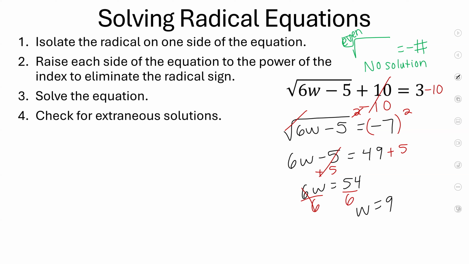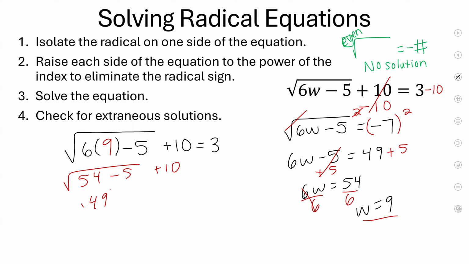In order to check, I'm going to write the entire thing again, and you're going to see why my answer was no solution. Inside for the w, I'm going to put in 9. All right, what's 6 times 9? So I get 54 minus 5, the square root of that, and I add 10. 54 minus 5 is 49.